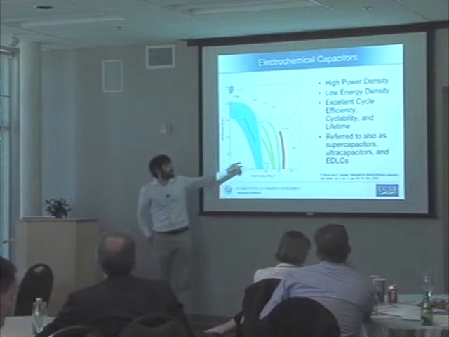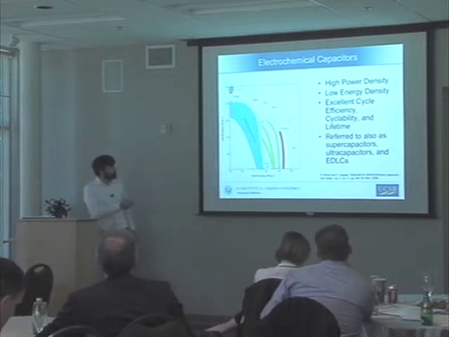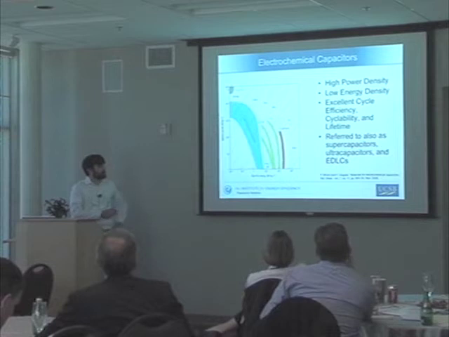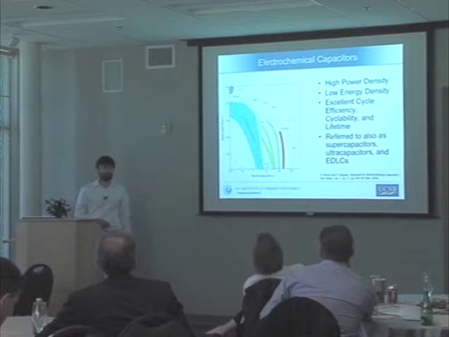You can see a car battery here, lead acid, relatively low in terms of specific energy. A little bit higher is nickel metal hydride, and then lithium ion batteries. The reason we use lead acid is because they're cheap, even though they don't have the energy density of lithium ion. But what we don't think about as often is the specific power.